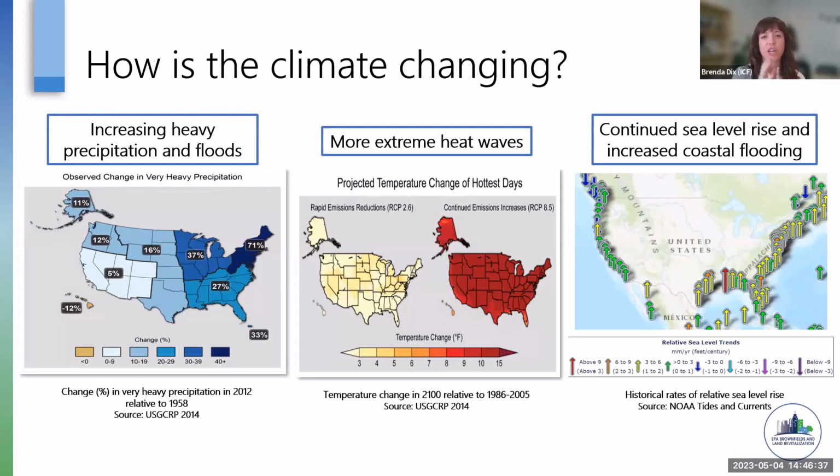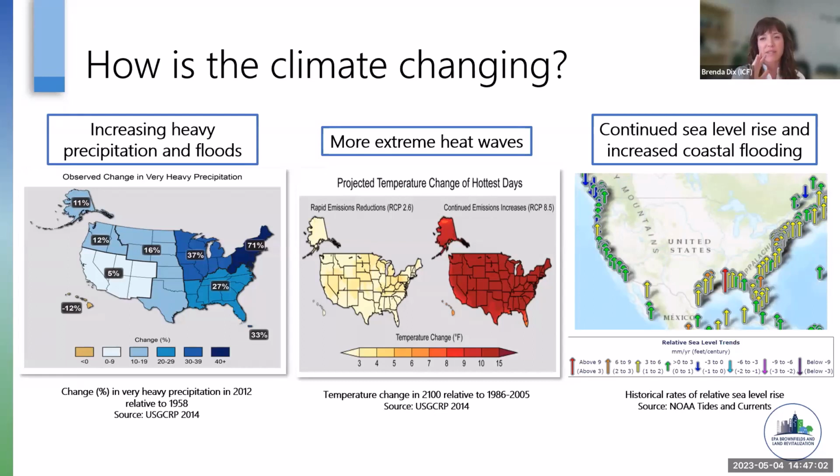The more we can increase shading, help to try to reduce temperatures in our urban environments, it's really going to go a long ways. On the right, you see sea level rise. This map is also historical, looking over the last 100 years or so. You can see in the Gulf Coast, the red arrows, orange, yellow, you're seeing 2 to 3 feet of sea level rise per year just historically.